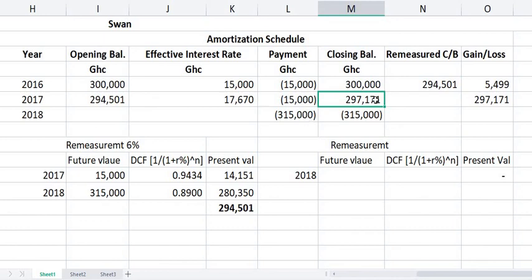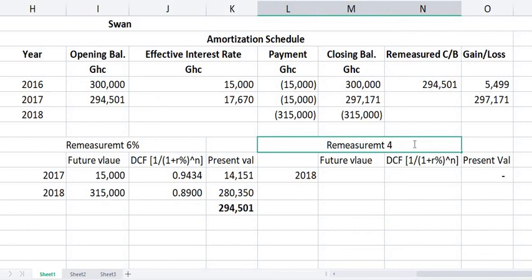As we also know, the closing balance of the ensuing year is equal to the present value of the unpaid amount. So we need to find the present value of the unpaid amount, which here is 2018's unpaid amount, and the effective interest rate has changed to 4%.